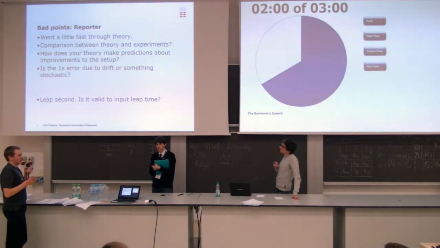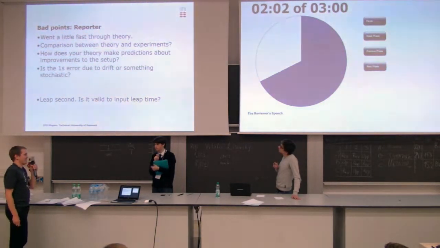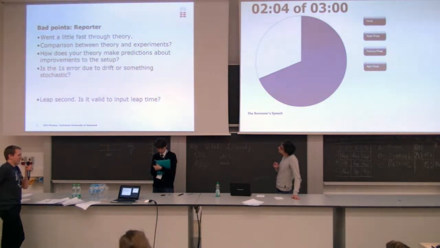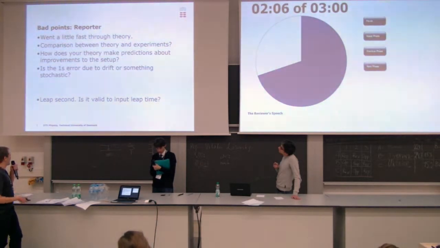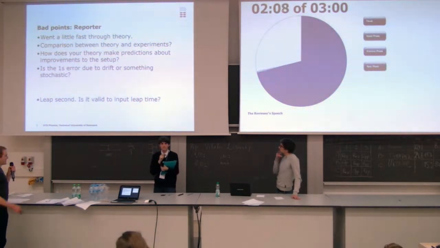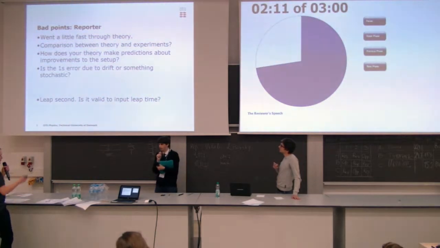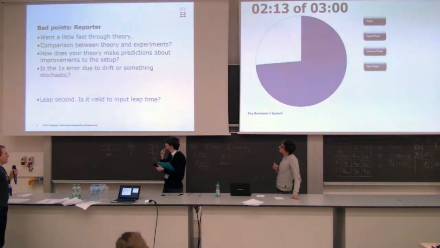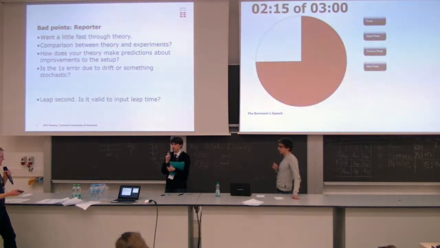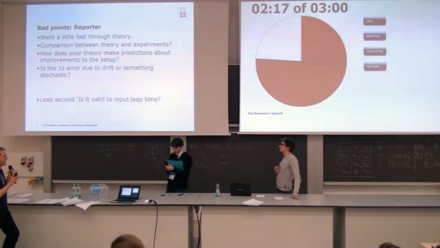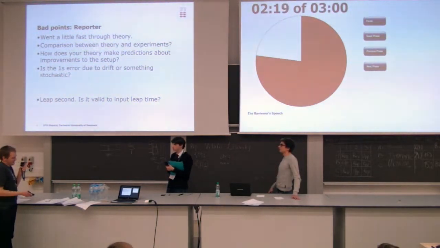But I'd like to know a little bit about the stochastic error in some of the other things, because you talk about implementing leap seconds, but that would really require the error in your measured frequency to be very constant, and does that change with time in some stochastic way, perhaps?